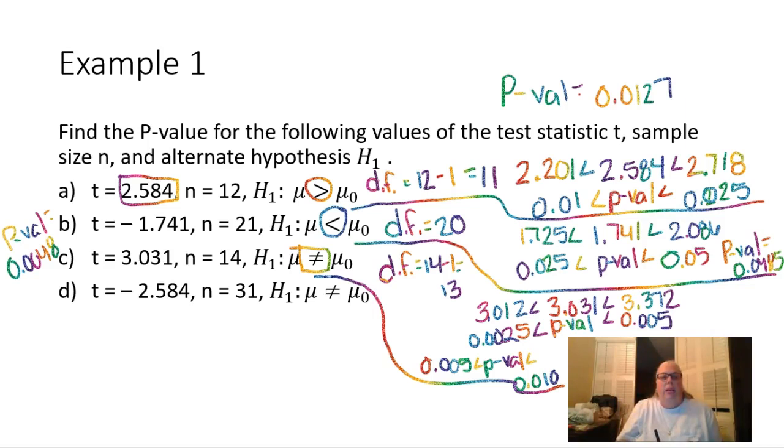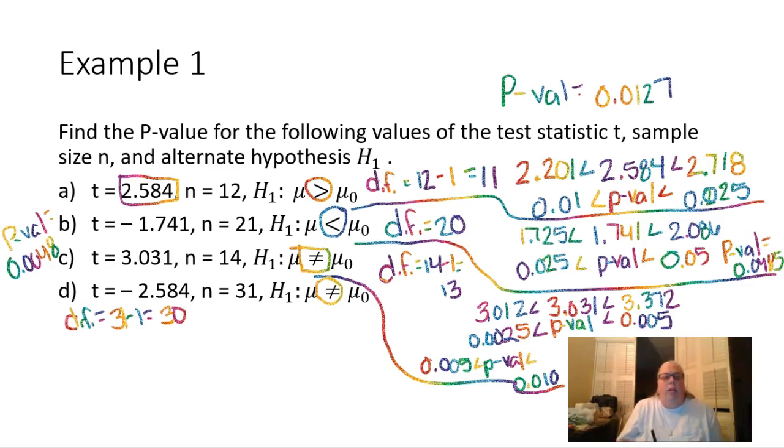All right, let's look at part D. The test statistic negative 2.584. N is equal to 31. Once again, we're doing a two-tailed test, so we have to remember to double those p-values. The degrees of freedom for this problem will be 31 minus 1, or 30.